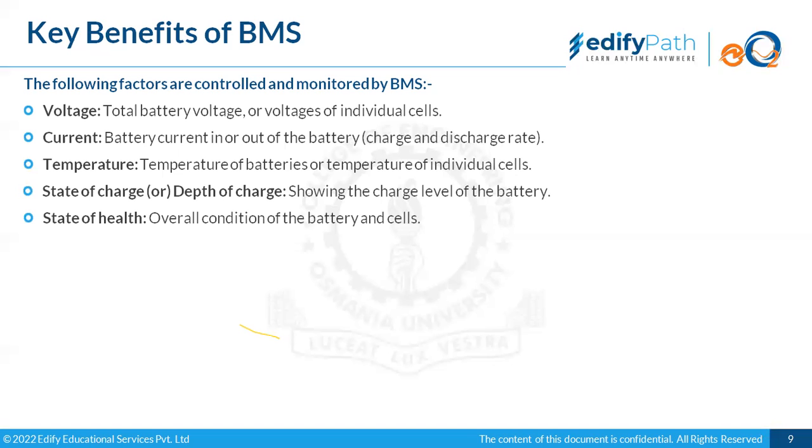Temperature: if the temperature within the battery goes beyond the operating range we have discussed, it would sense this as an abnormality and either disconnect the battery or sound an alarm to the user, so that he can take the necessary action.